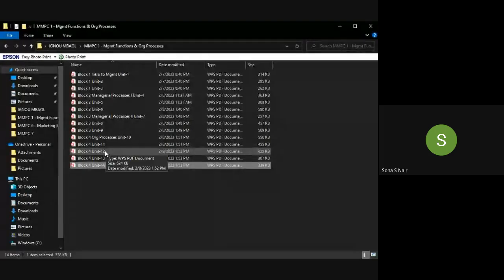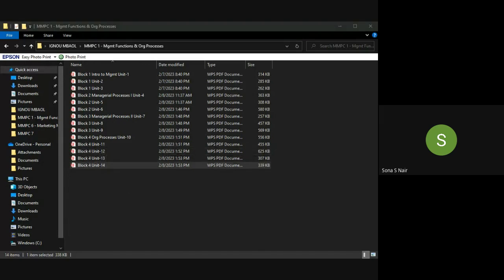The culture, organizational culture is unit 12. Can someone confirm? I think it is unit 12. Someone said that. Okay. Thank you, Suleiman. Hold on.